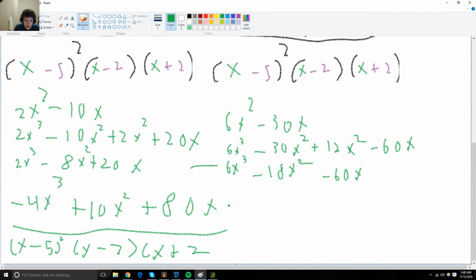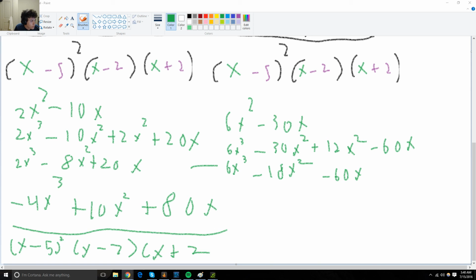Okay, so now we're going to factor the top. We're going to take out negative 4, so we have negative 4x. That leaves us with x squared plus, I don't think I can even do that. How do you factor that? I don't know.